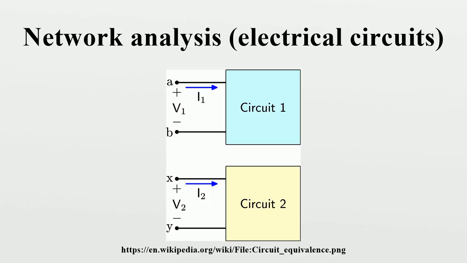Two circuits are said to be equivalent with respect to a pair of terminals if the voltage across the terminals and current through the terminals for one network have the same relationship as the voltage and current at the terminals of the other network. It implies for all values of then with respect to terminals AB and XY, circuit 1 and circuit 2 are equivalent.